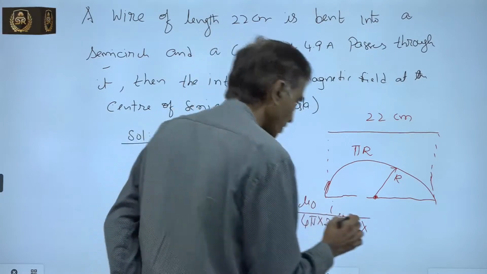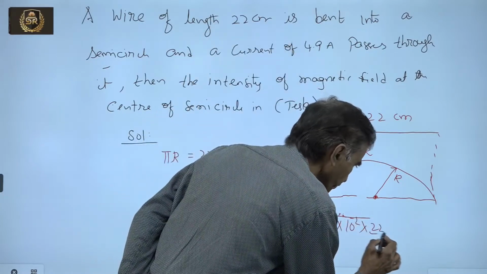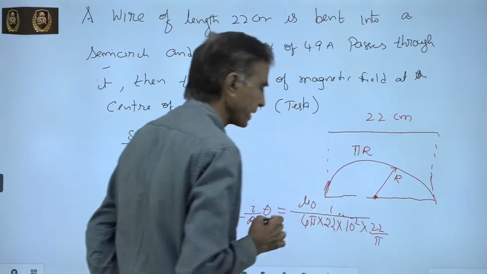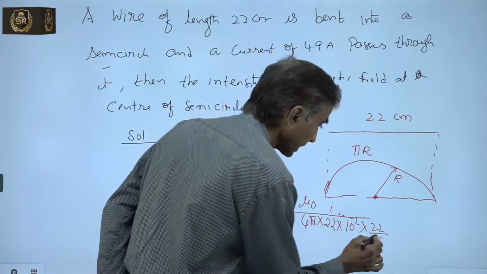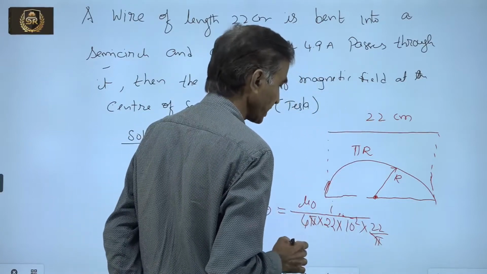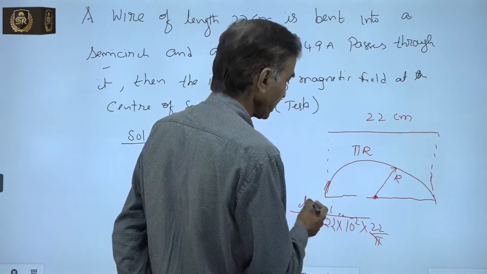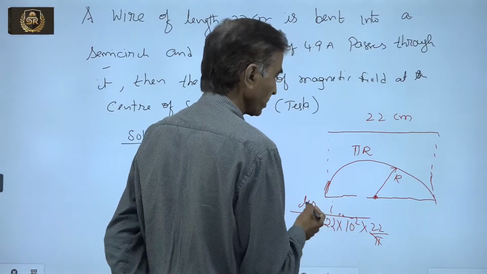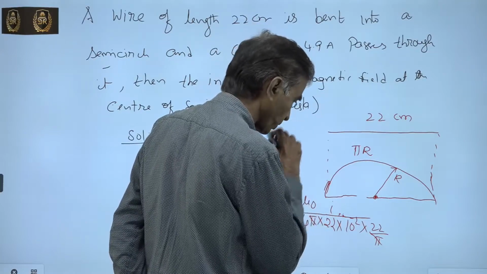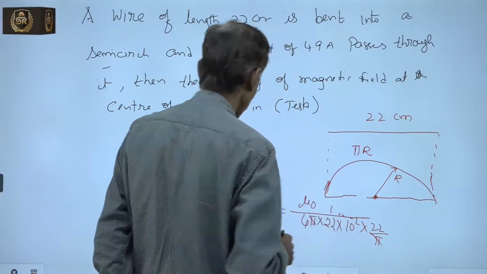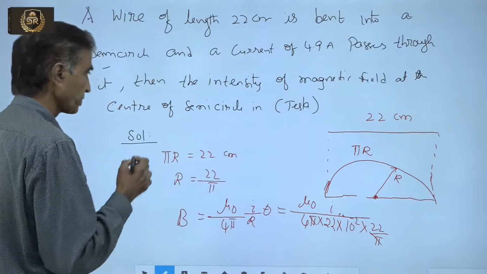R is how much? 22 by pi. So pi gets cancelled now. Then we can have mu naught by 4, so that can be substituted now.